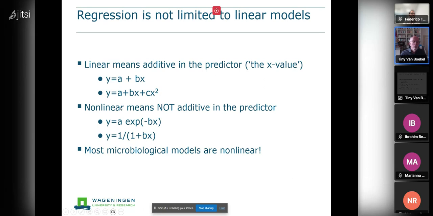If you have a nonlinear model, it means that the effects are not additive in the predictor. Here is one example, an exponential model or a Michaelis-Menten type model. Those are not additive and therefore nonlinear. And also in microbiology, most models are nonlinear.